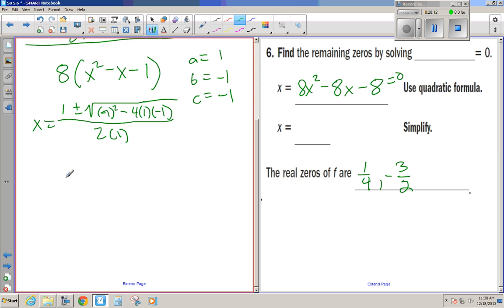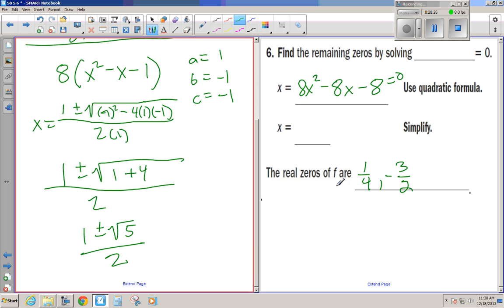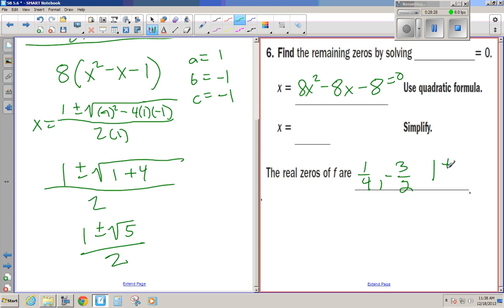And when I work it out, we have 1 plus or minus the square root of 1 plus 4, over 2, which is 1 plus or minus the square root of 5 over 2. Those are your answers. That's how you set this up. All right?